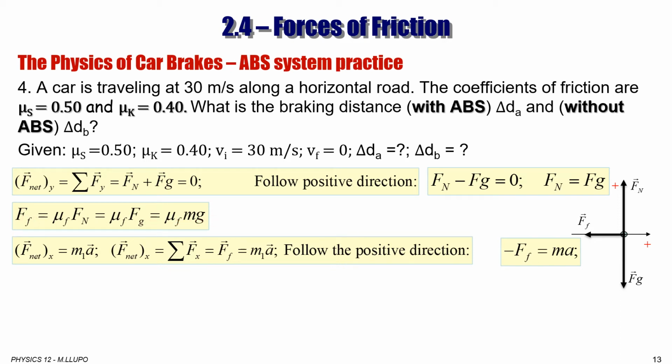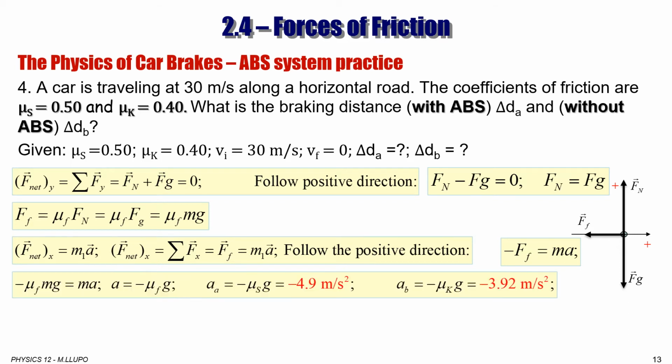So now minus force of friction is equal to ma. We replace the force of friction with mu mg, so that means minus mu mg is equal to ma. m and m cancel. So what is left? We can solve for a, which is equal to minus mu g.